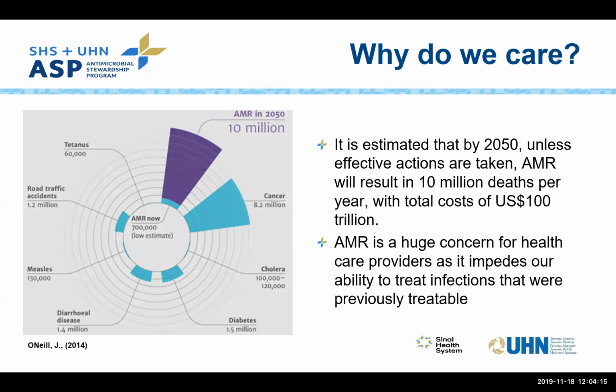It was also estimated that by 2050, unless effective actions were taken, antimicrobial resistance will result in 10 million deaths per year with a total cost of $100 trillion US dollars.